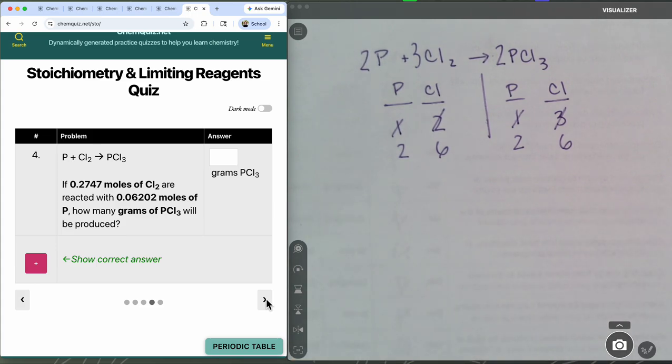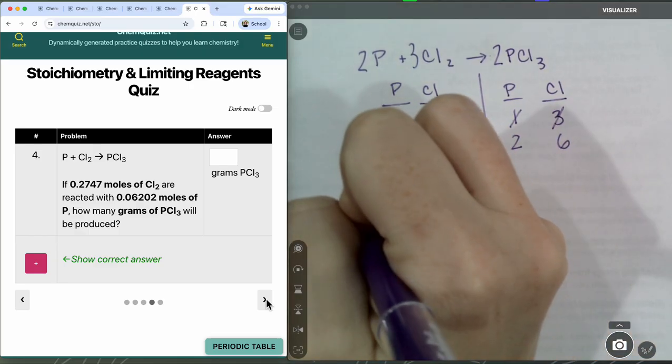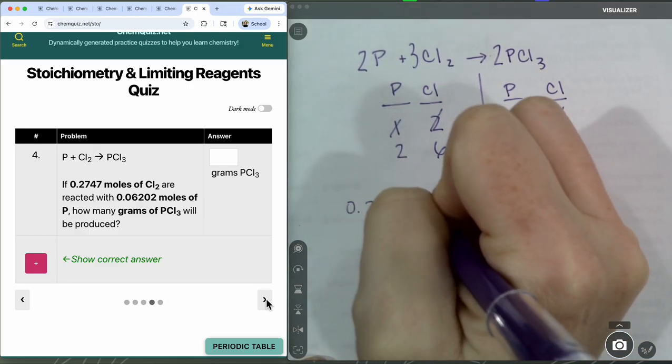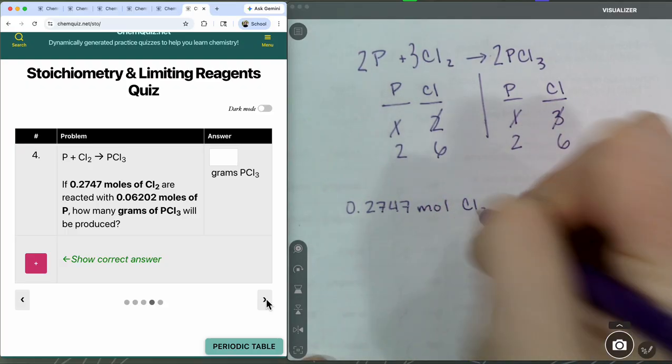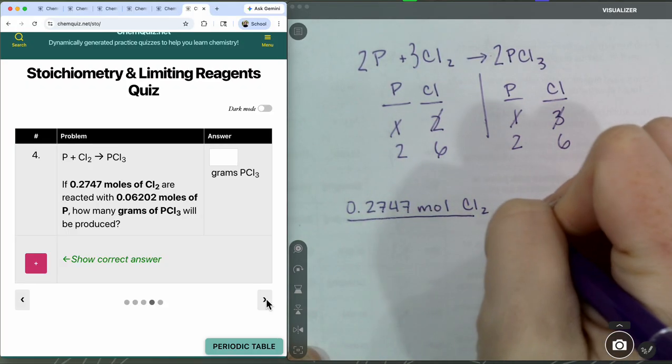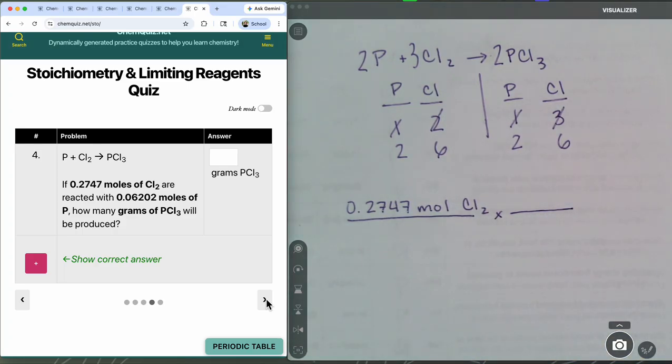Okay. So we have 0.2747 moles of chlorine. And to get that to grams, we have to find the molar mass. Whoa. Do we want grams of chlorine? Read the problem again.